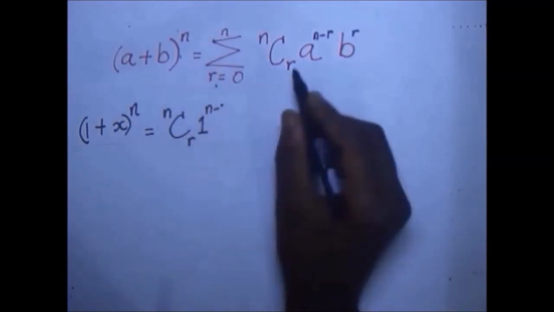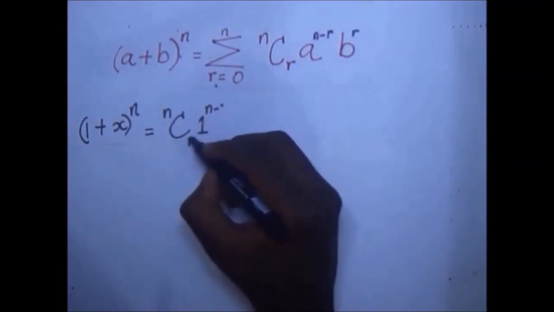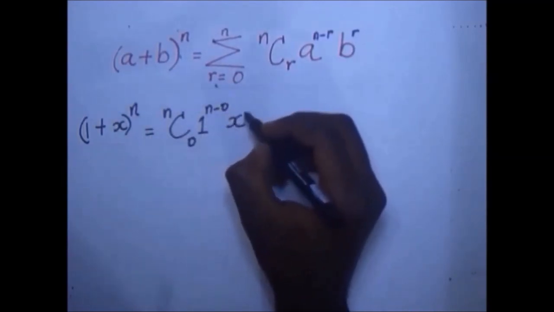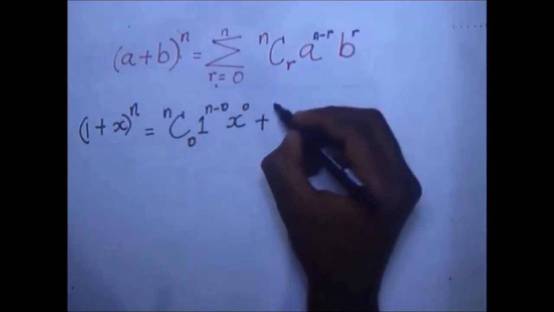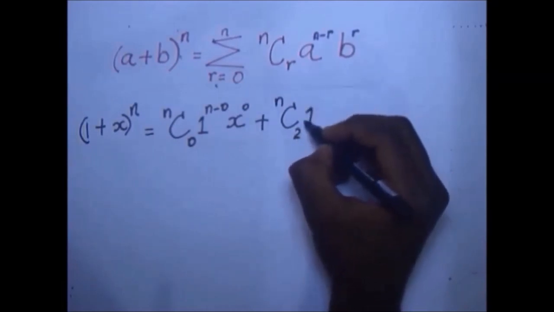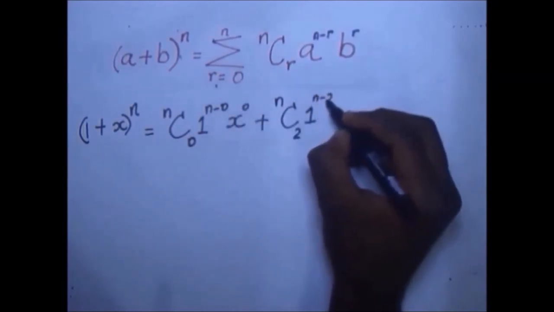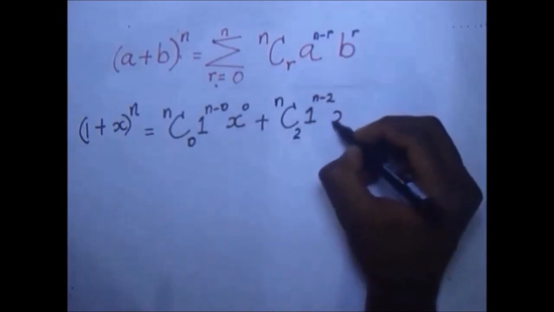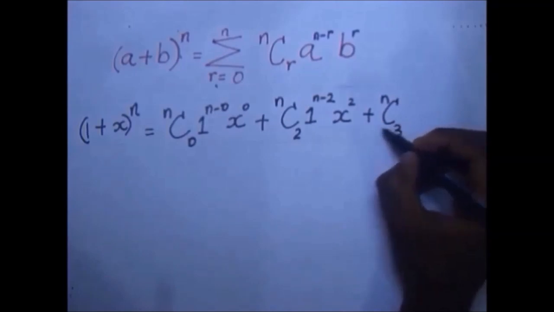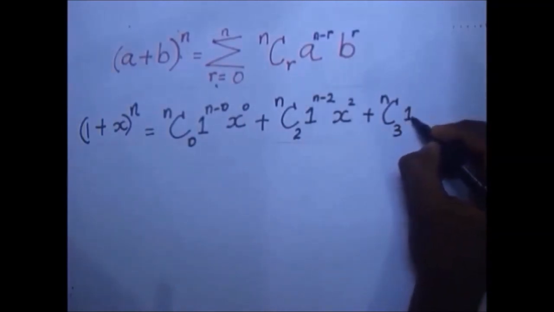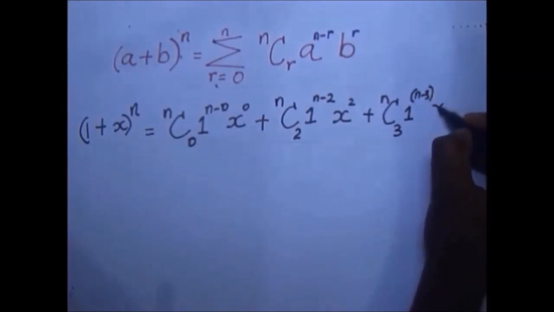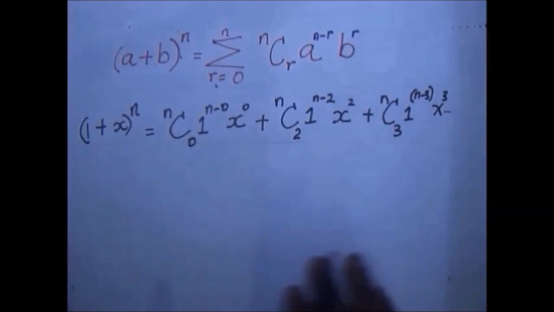Now n combination r starts from 0, so this is n combination 0, times 1 to the power n minus 0, times x to the power 0, plus n combination 1, times 1 to the power n minus 1, times x, plus n combination 2, times 1 to the power n minus 2, times x squared, plus n combination 3, times 1 to the power n minus 3, times x to the power 3, and so on and so forth.